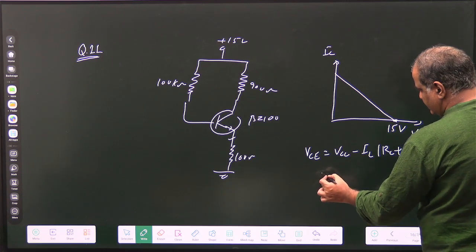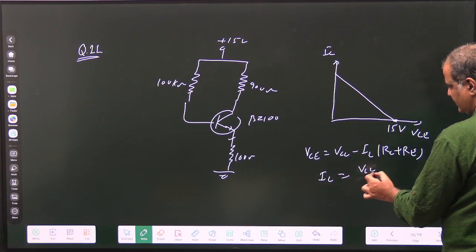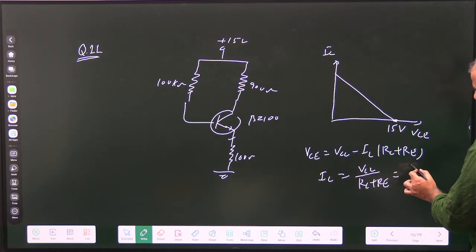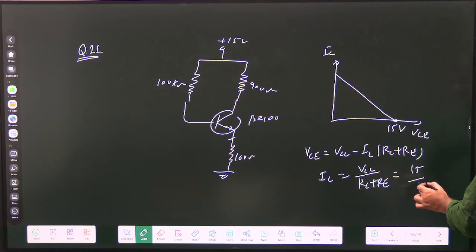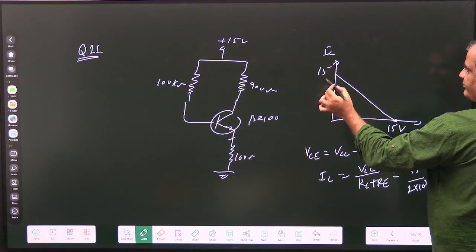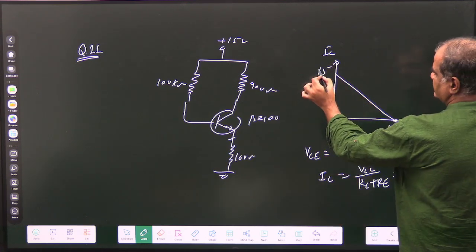So VC is 0, so IC will be VCC upon RC plus RE. VCC is 15, RC plus RE is 1 kilo ohm, 1000 ohm, that is 15 milliamps. So this is IC saturation.